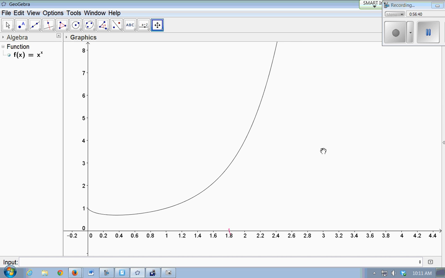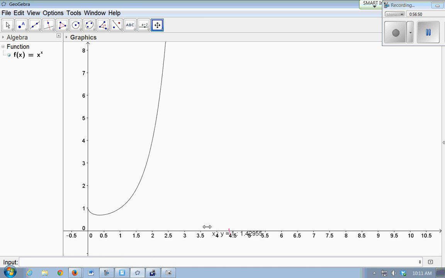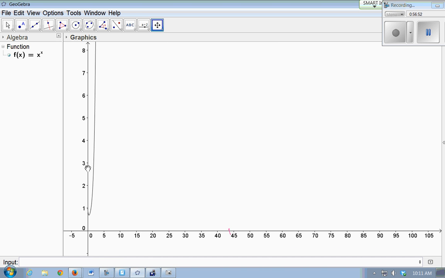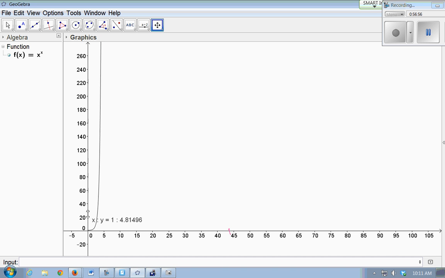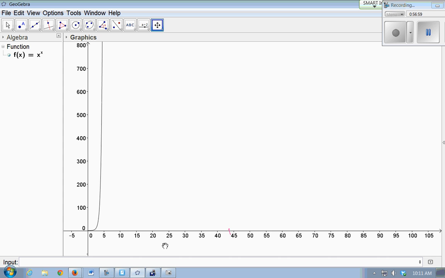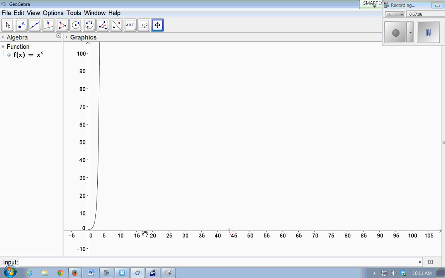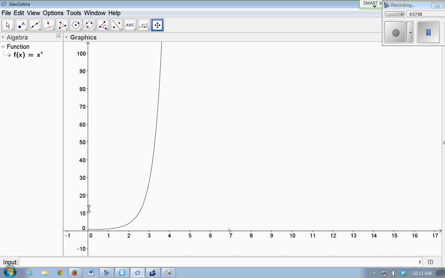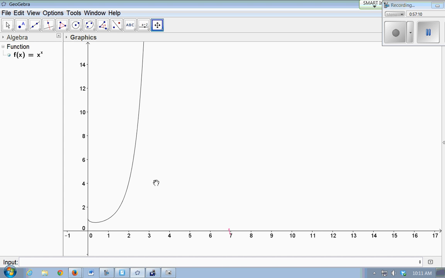No, it doesn't pass the horizontal line test. And something else might happen when we go far out in x, because this thing's going to get huge really fast. It does not have an inverse, because when we zoom in on the beginning, it definitely has a dip. Interesting function.